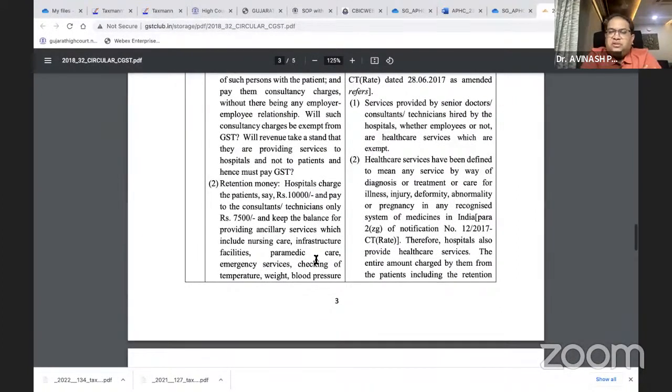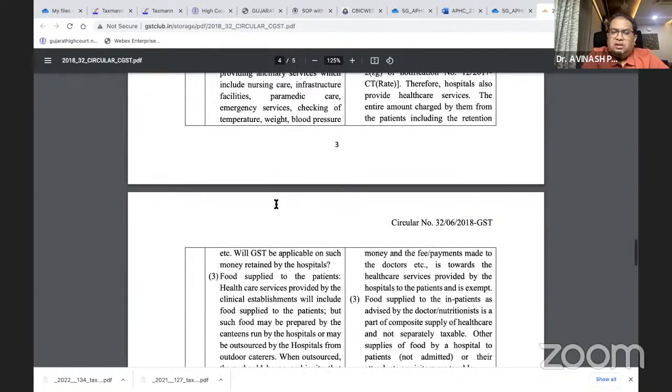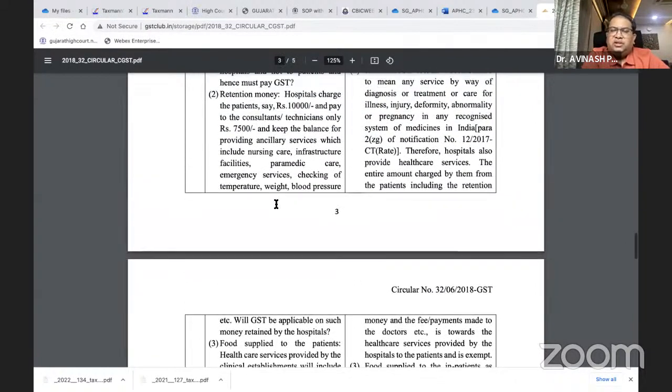Hospitals charge the patient, say 10,000 rupees, and pay to the consultants, technicians only 7,500 and keep the balance for providing ancillary services which include nursing care, infrastructure facilities, paramedic care, emergency services, checking of temperature, weight, blood pressure, etc. Will GST be applicable on such money retained by the hospitals?